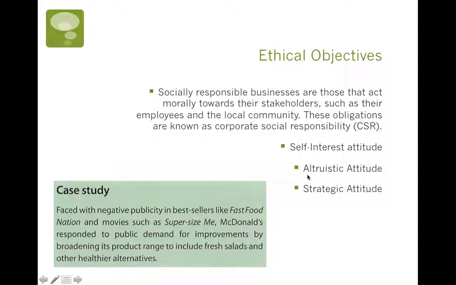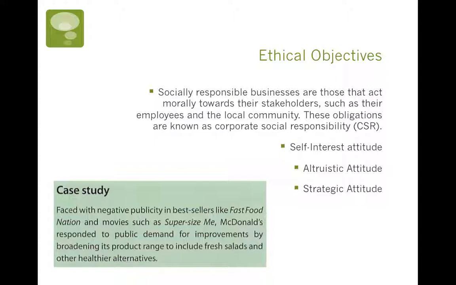Then we have the opposite, the altruistic attitude. The altruistic attitude is businesses who actually put social responsibility before profit. And these are businesses like the Body Shop, for example, who would purposefully choose to select a production process that is going to increase their costs, because that business opportunity that will increase their costs is a socially responsible decision.